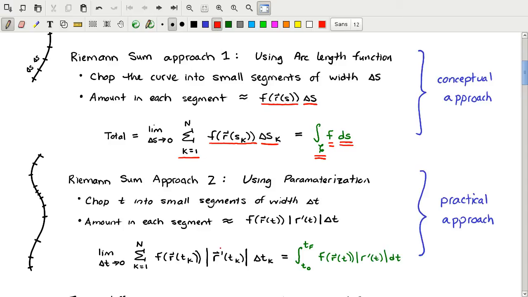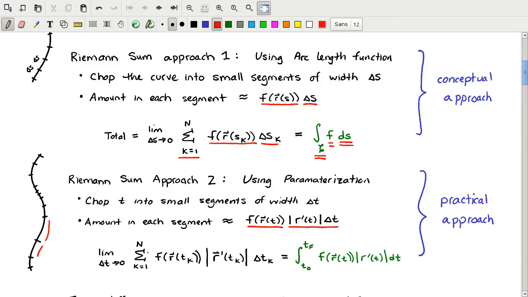So now the length of each segment is given by this quantity here, the magnitude of r prime of t times delta t. And we can again approximate the amount in each one of these segments by the length of the segment times the concentration within that segment. So we have these two pieces.